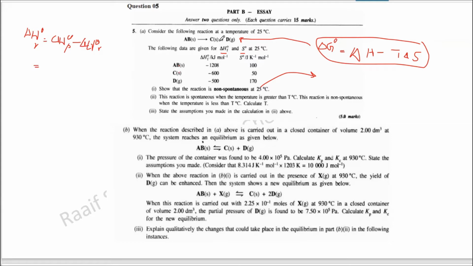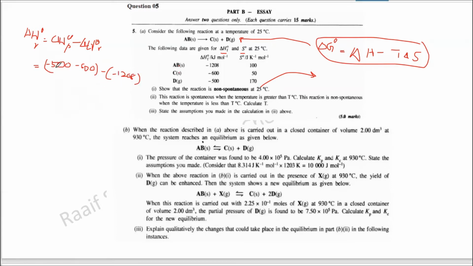So delta H theta of the products means you should write delta H theta formation of D gas, that is minus 500, then you have delta H theta formation of C solid, which is minus 600. So this will be the products. Minus, then the reactant is AB, so this will be minus 1208.